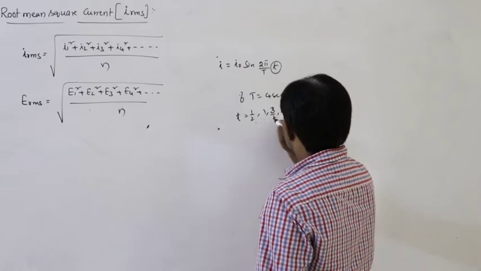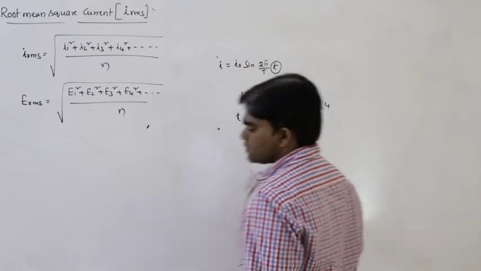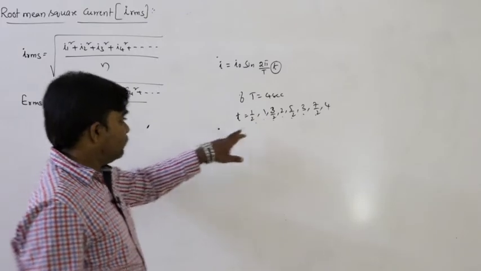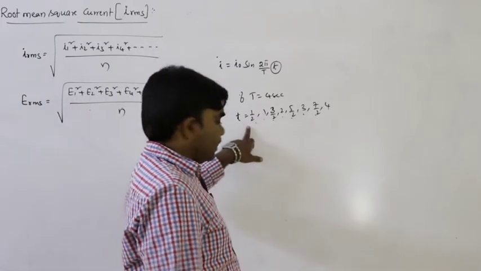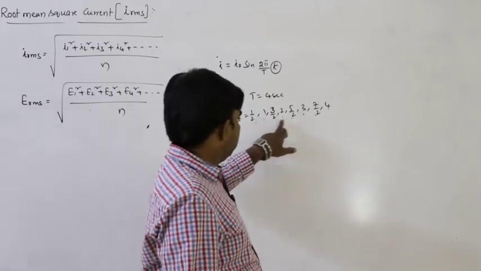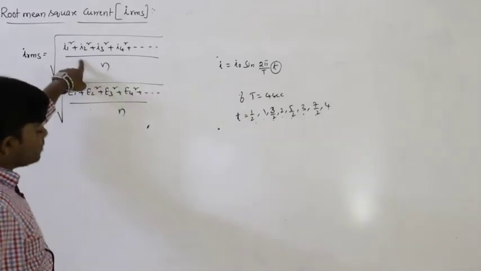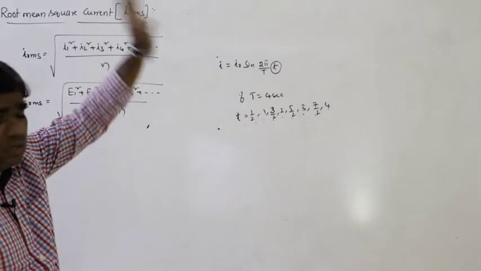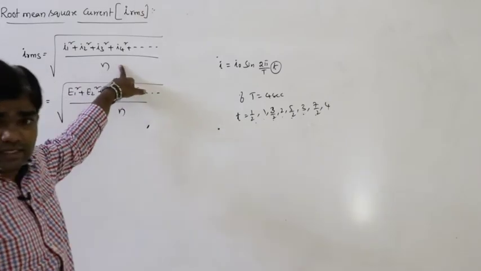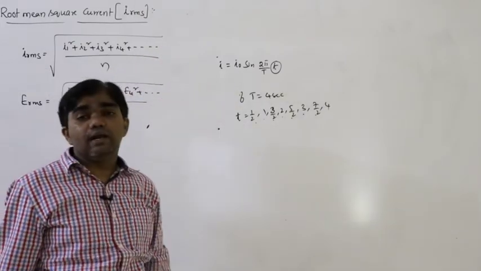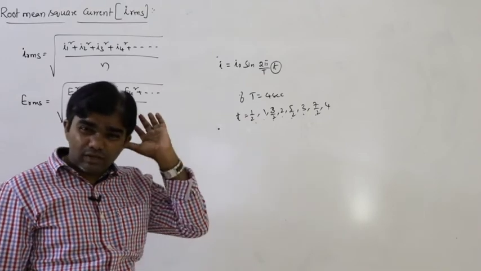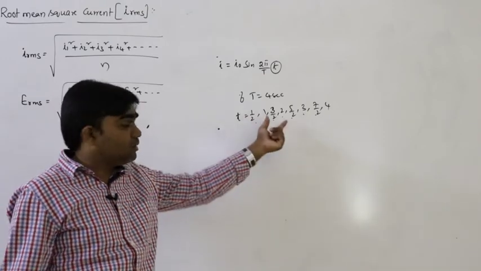How many? 1, 2, 3, 4, 5, 6, 7, 8 types of currents. If you consider the time instants like this, how many currents here? 8 currents. So the square root of I1 square plus I2 square plus I3 square and so on up to I8 square divided by 8, then we can get RMS current. These are the number of currents.